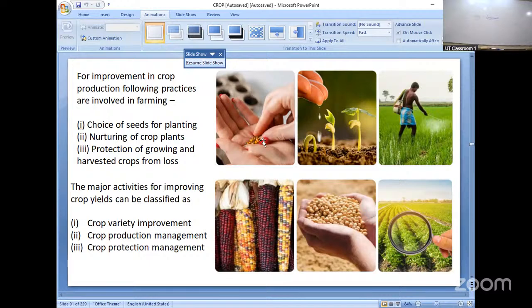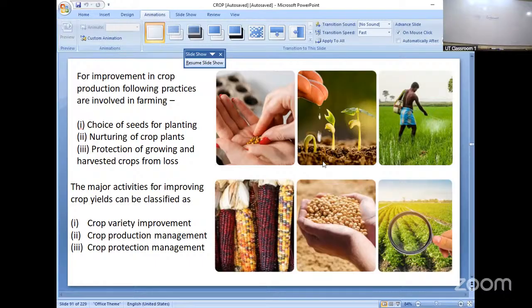Disease resistant or disease free seeds, healthy seeds should be there, and the crop plants should be nurtured properly so they can grow into healthy crops. And these crops should be protected from pests, rodents and all. Then harvested crops should be protected. Then the grains should be protected, right? All these come under farming.